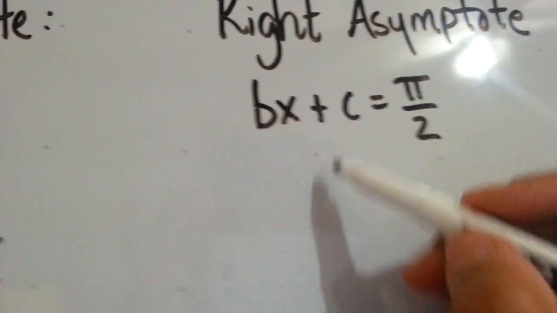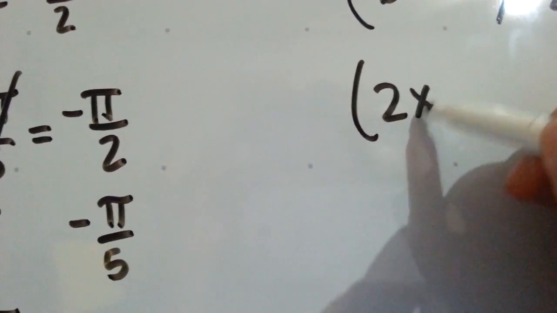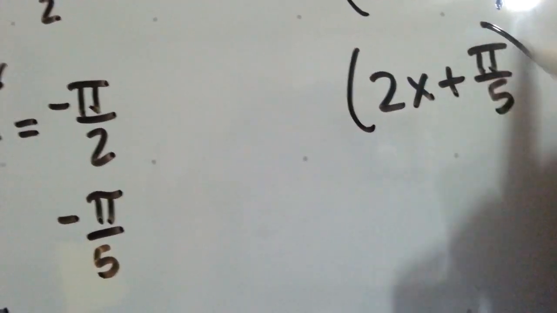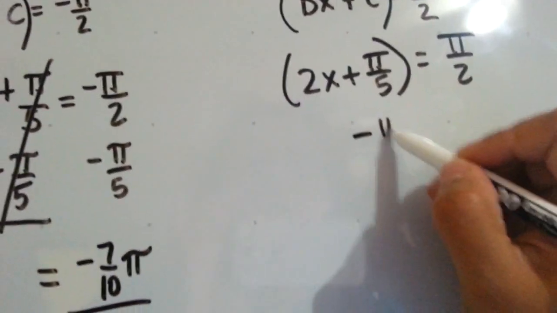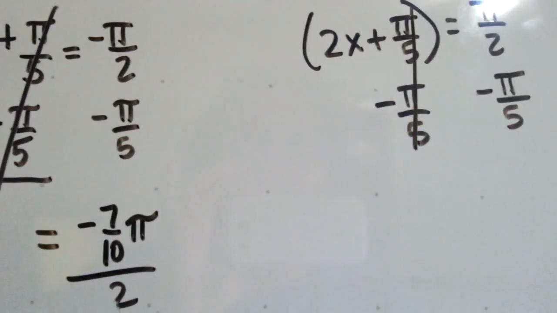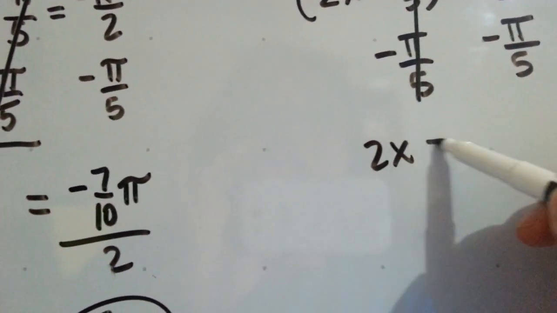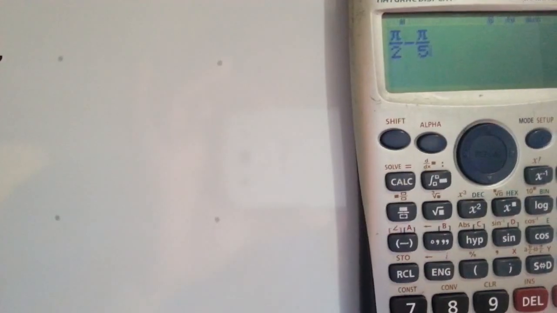And you have to calculate the right asymptote. Once again, this is what's inside the parentheses. So it's 2x plus pi over 5 equals positive pi over 2. This is plus pi fifths, so we're going to subtract it. So we got 2x is equal to pi over 2 minus pi fifths.